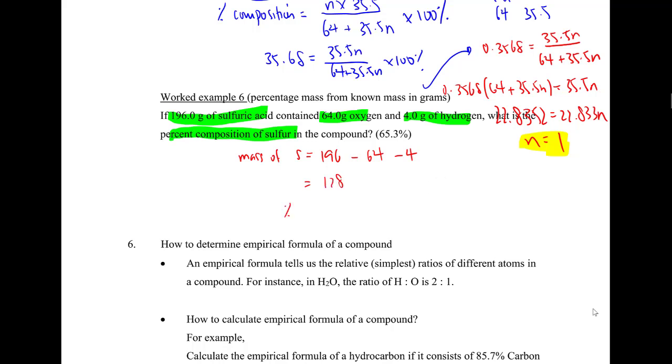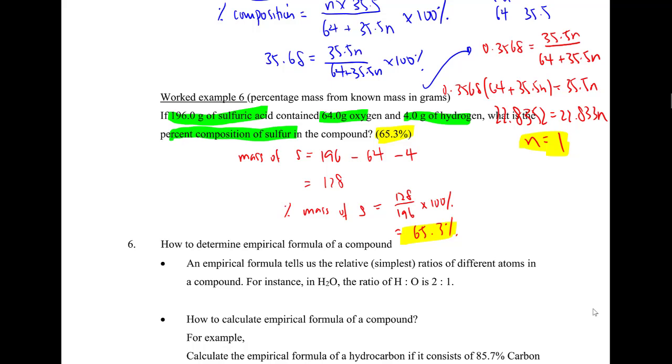And then the percentage mass of sulfur is 128 over 196 multiplied by 100%. And this should give you 65.3%. I've placed answers here and there. So that's how you calculate percentage by mass or percentage composition of a substance in a compound.